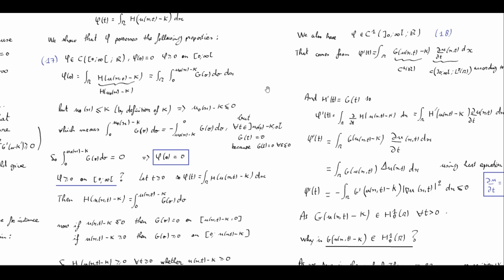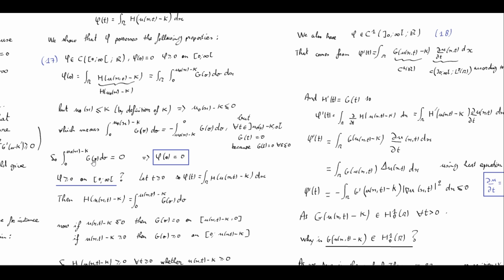But g of s equals 0 for all s negative. So the integral from 0 to u0(x) minus k of g of sigma d sigma equals 0, which implies phi of 0 equals 0.